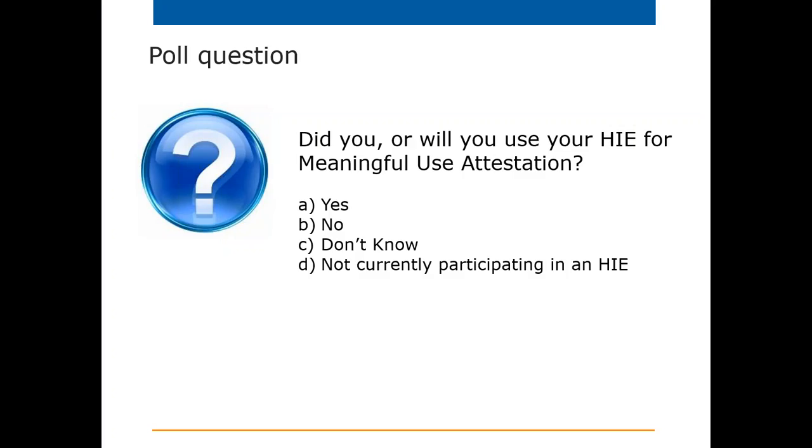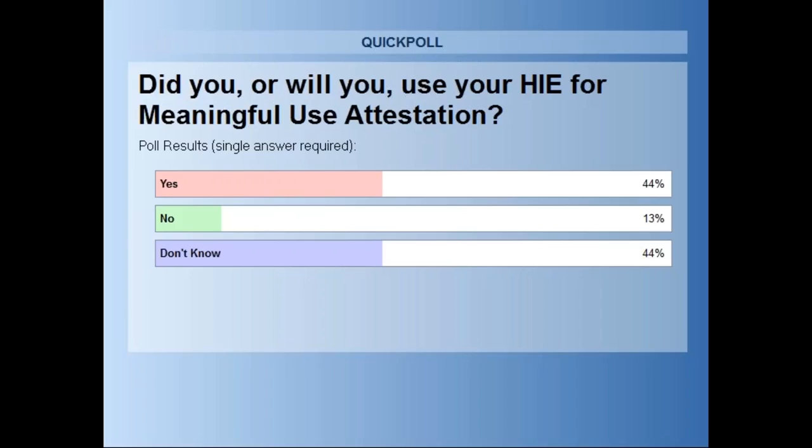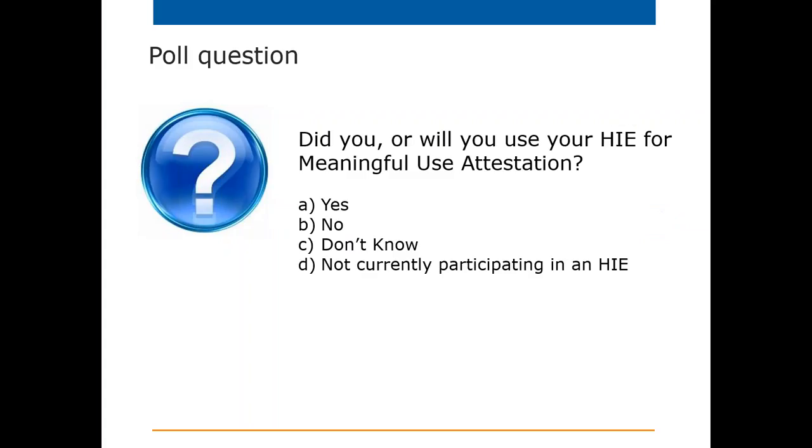Okay, looks like we're about done. So 44% said yes, 13% said no, and another 44% said they do not know. So it looks like in most cases people are using or plan to use the HIE for meaningful use attestation.